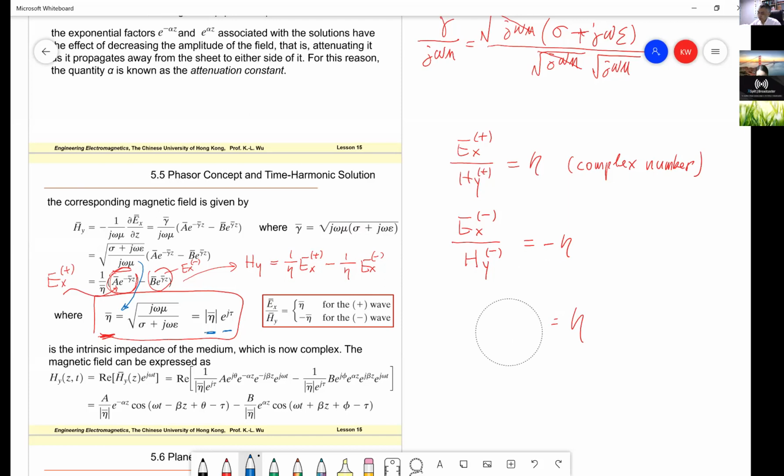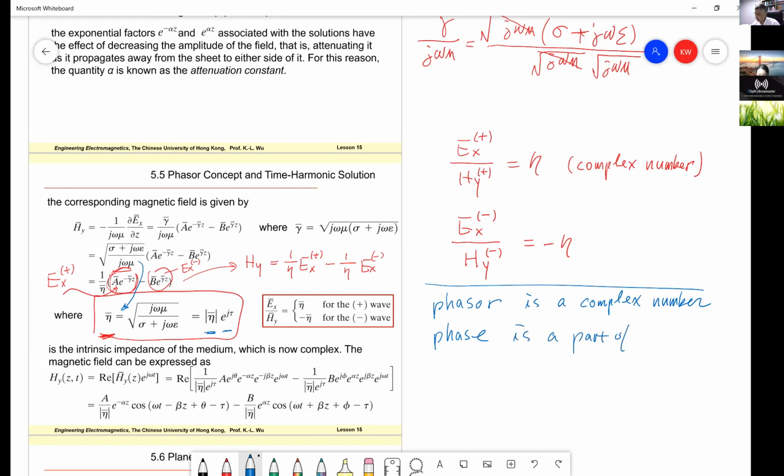By the way, there's a concept I'd like to clarify: phasor and phase. A phasor is a complex number. Phase is a part of a complex number.